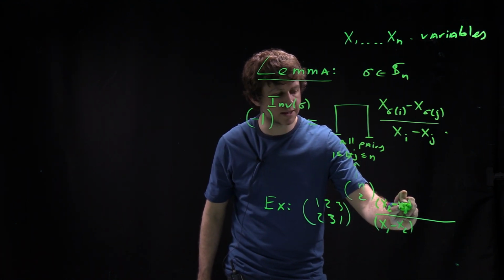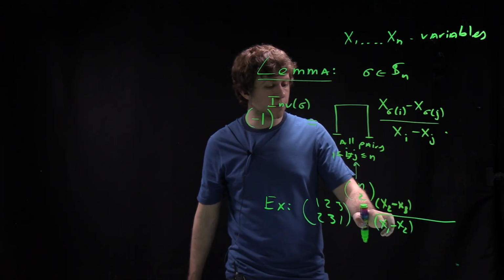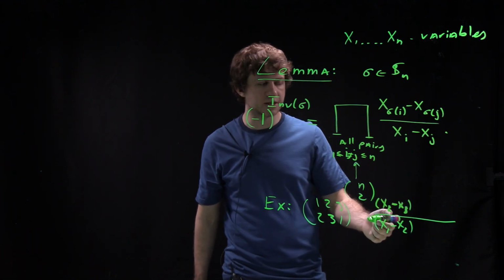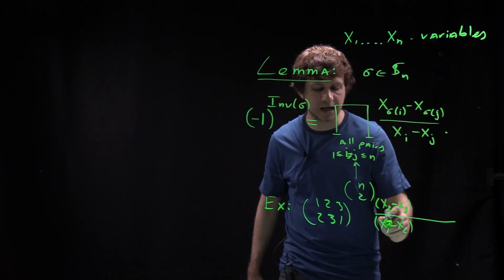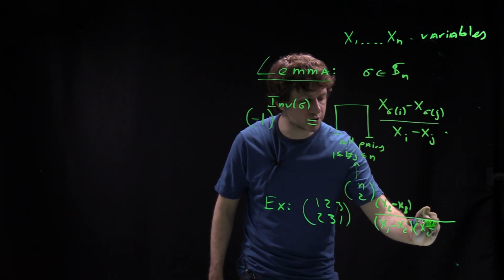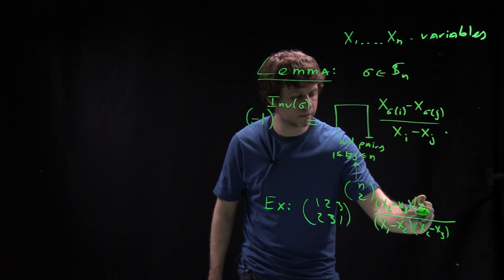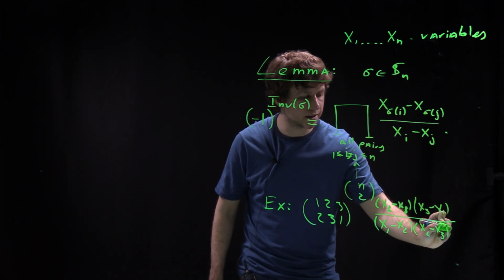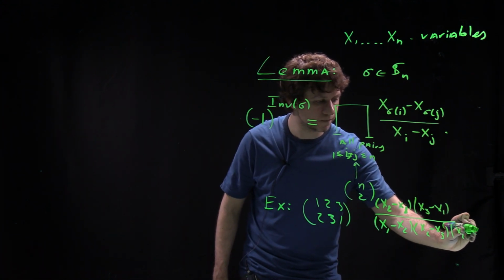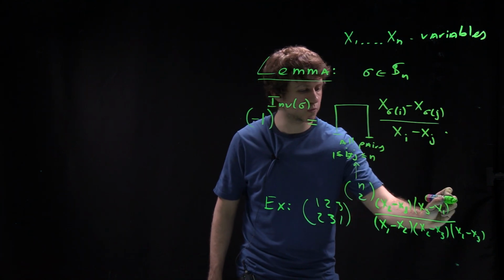And if I choose accidentally to change the order, say let's take pair 2, 1, I will get here x2 minus x1, and here x3 minus x2, and the fraction is the same because both of them will switch sign. So x1 minus x2, x2 minus x3, and here I will have x3 minus x1, and finally x1 minus x3, and on top I have x2 minus x1.